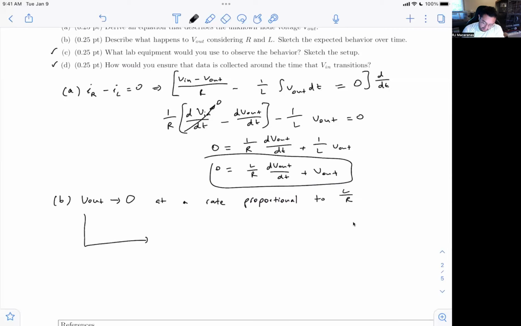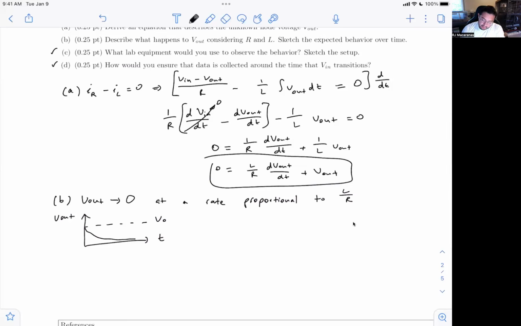And if we draw this, we have time, we've got V out, and right when this thing is switched, we'll just call that time 0. We start at whatever our initial voltage is, let's call that V naught, and then approaching 0.